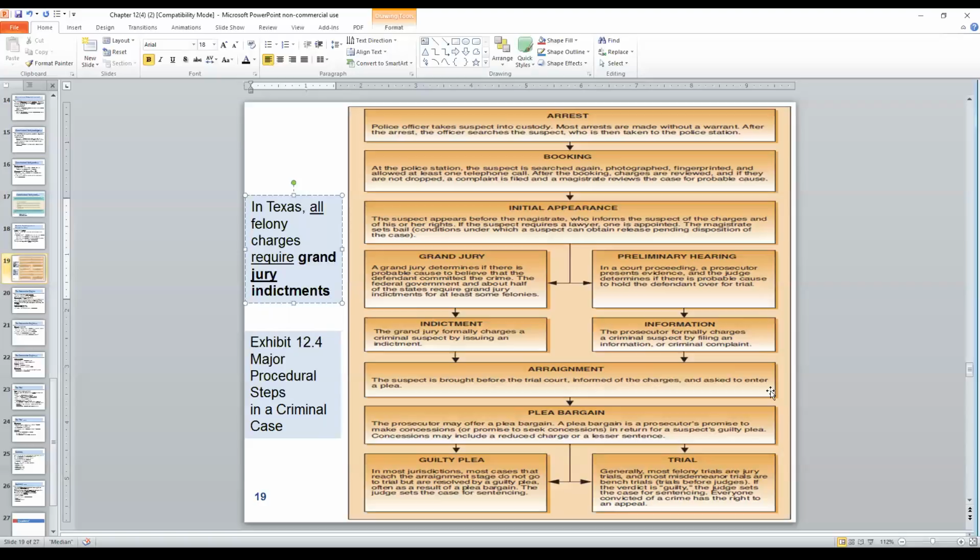There are sometimes a couple of additional pleas that the person can enter. Probably the most common is nolo contendere, meaning that he's not contesting his legal responsibility, but he doesn't want to plead guilty. Sometimes courts don't have to allow criminal defendants to plead nolo if the court doesn't want to.